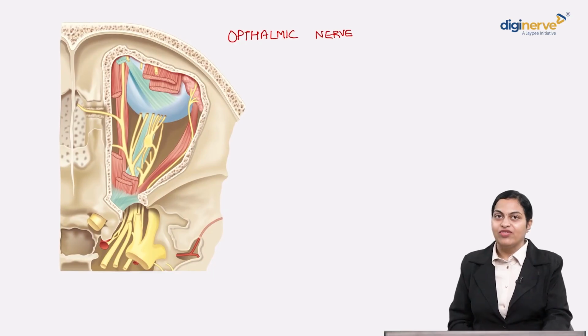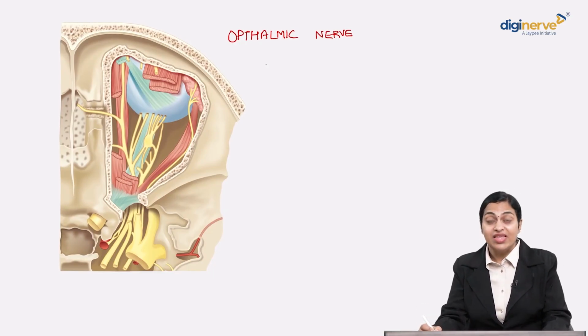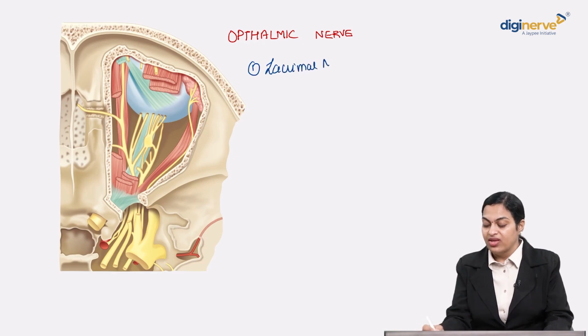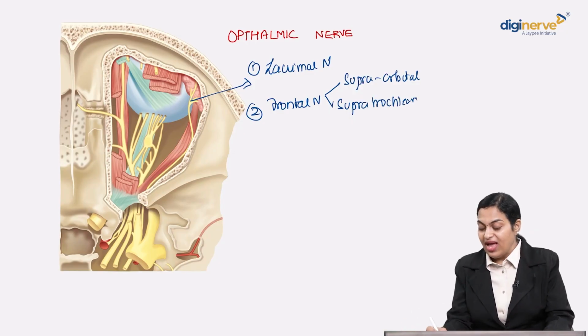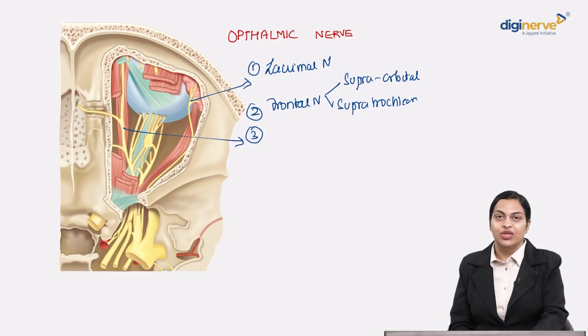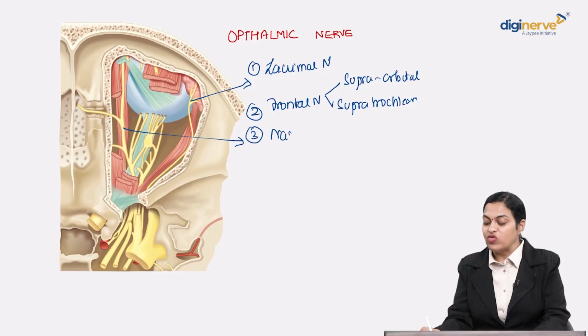Now, the ophthalmic division of the trigeminal nerve has three branches: the lacrimal nerve, the one that you see here, and then the frontal nerve. The frontal nerve will divide into two, the ones we just saw, supraorbital and supratrochlear, right? And the third one which you see here is the main continuation, the nasociliary nerve, right?